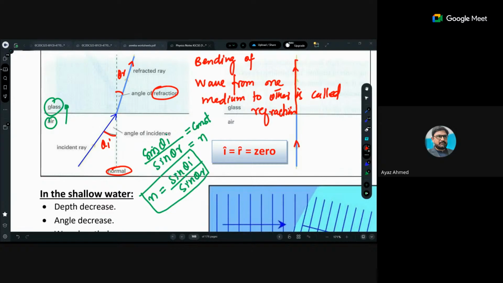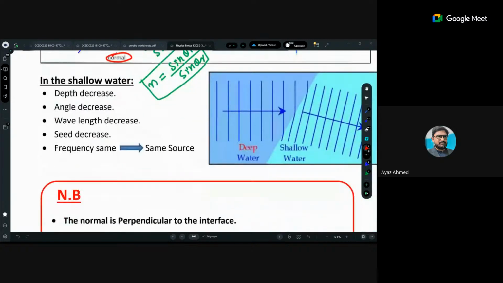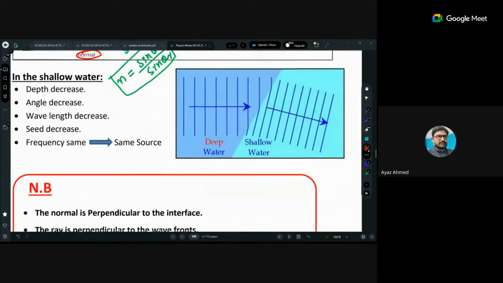Then in a water wave, what happens when the water moves from the deeper to the shallower portion? In the shallower portion it slows down. Here is the point: depth decreases, angle decreases, wavelength decreases, speed decreases, frequency remains unchanged.